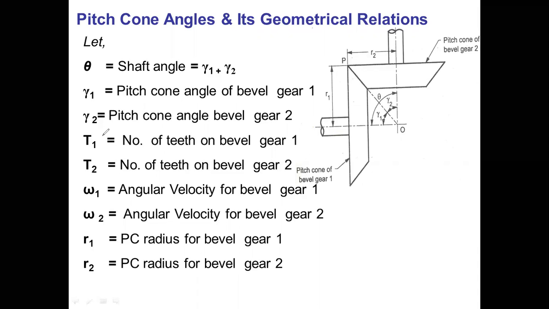T1 is the number of teeth on bevel gear 1 and T2 is the number of teeth on bevel gear 2. Omega 1 is the angular velocity of bevel gear 1. Omega 2 is the angular velocity of bevel gear 2. R1 is the pitch circle radius of bevel gear 1 and R2 is the pitch circle radius of bevel gear 2.